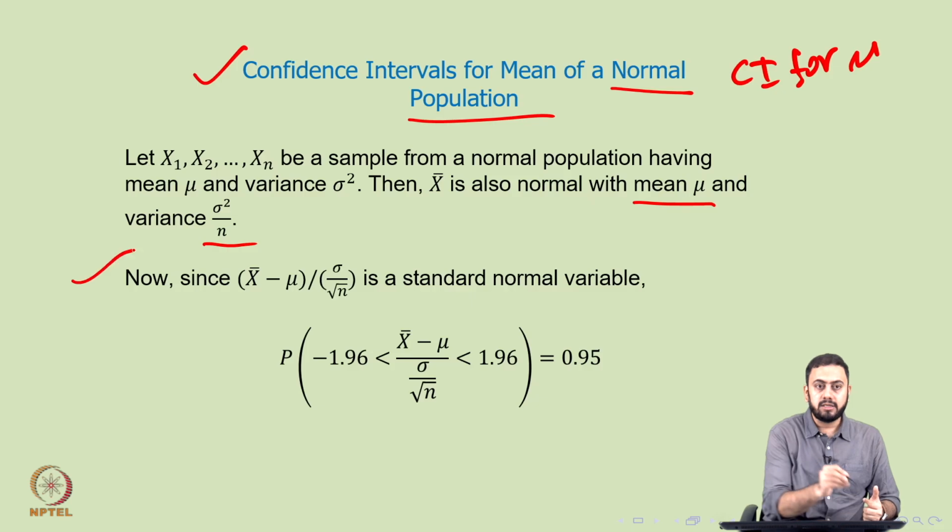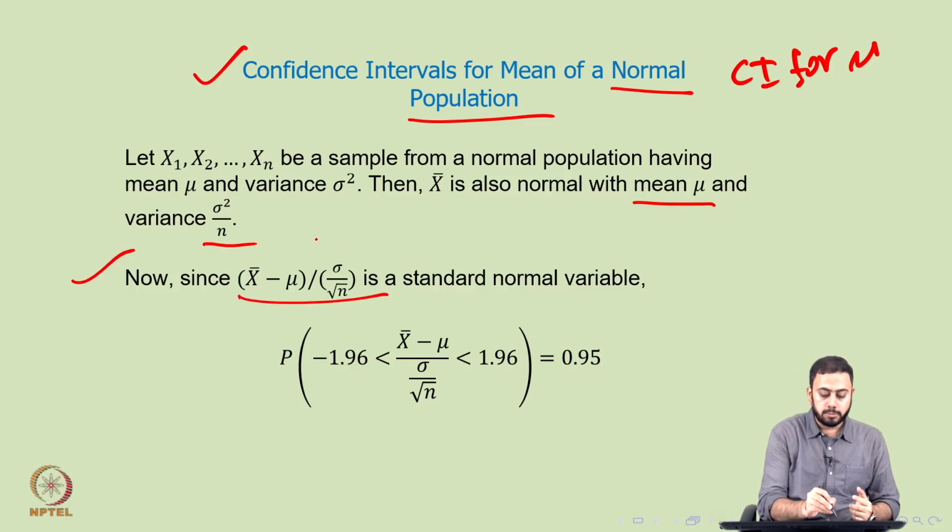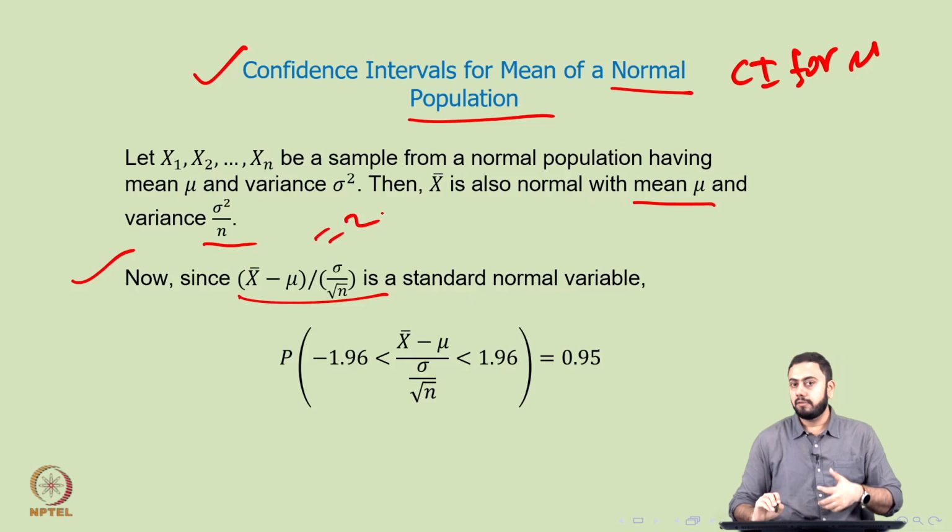Now how do you standardize this? For standardization, you subtract the mean and divide by the standard deviation. Since x bar minus mu divided by sigma by root n is a standard normal variable, this quantity happens to be z. So we can make use of this important idea.